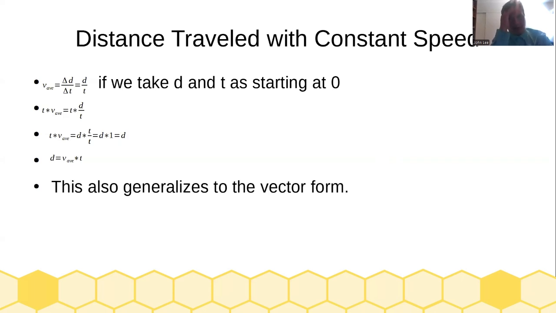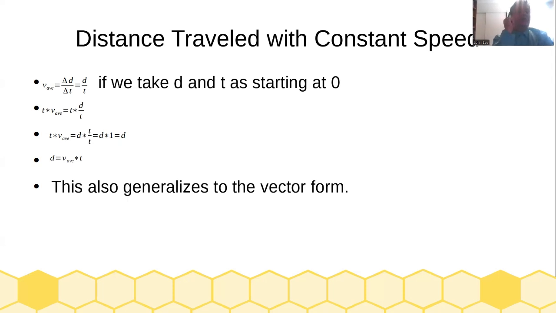If you'll remember algebra, what you want to do is take whatever is on the side of the equal sign of the variable that you want to isolate and do the opposite type of operator in order to get rid of all the other variables on its side of the equal sign. And if you do this, you have to do the same thing on both sides of the equal sign, otherwise it's not going to be true anymore.